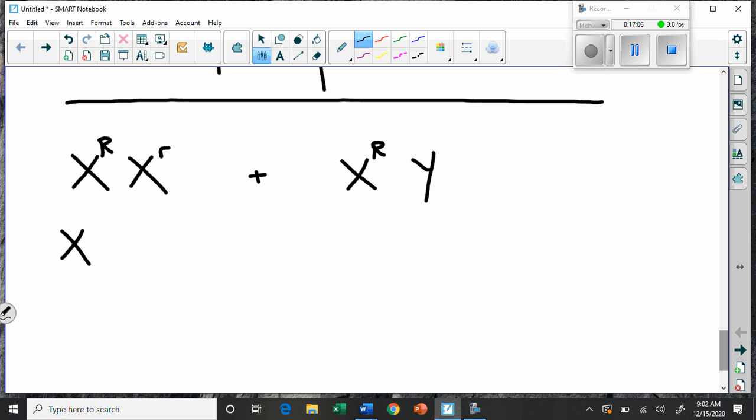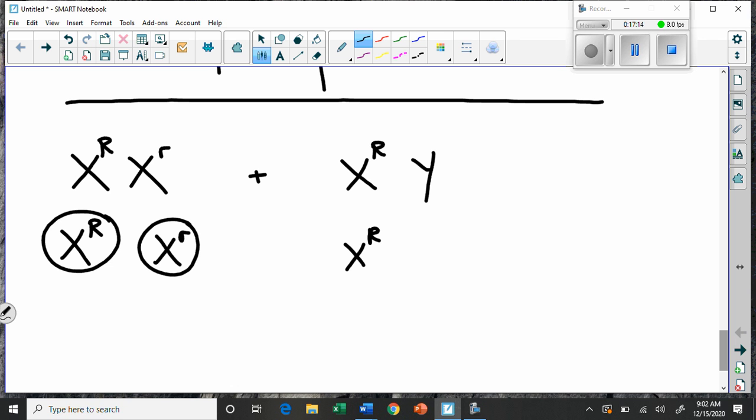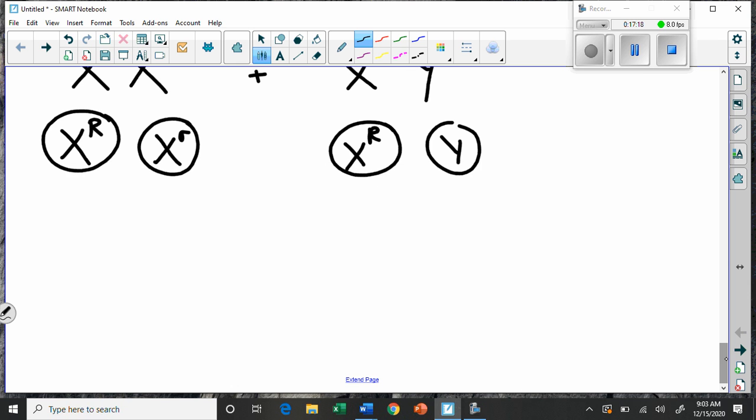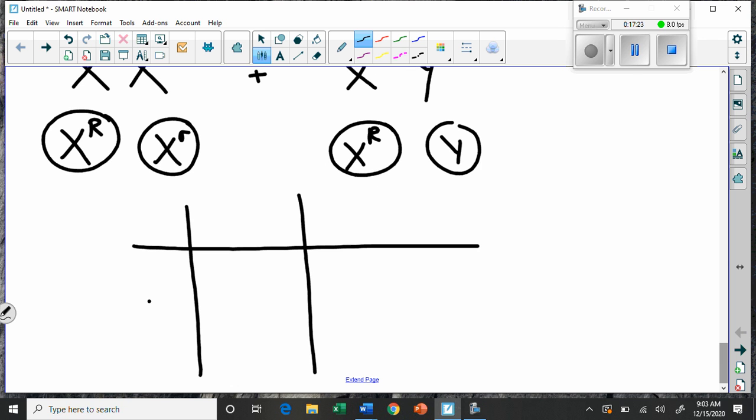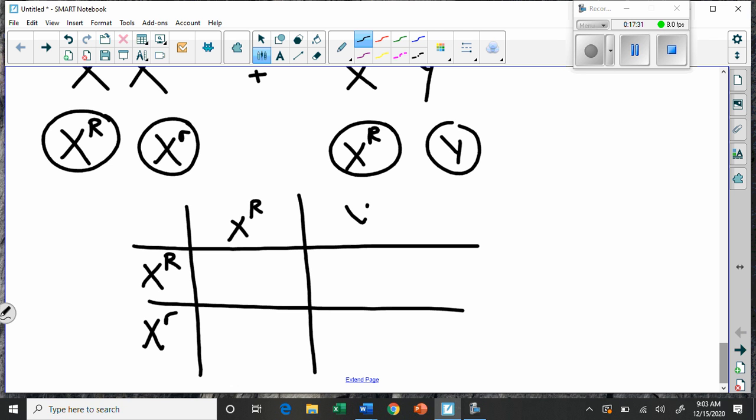Here we have the two possible gametes that could be produced by this particular individual, and two possible gametes that can be produced by the male. So if we draw a Punnett square, it's a little bit bigger this time. So we have the XR, there's our female, and here's our male on top.